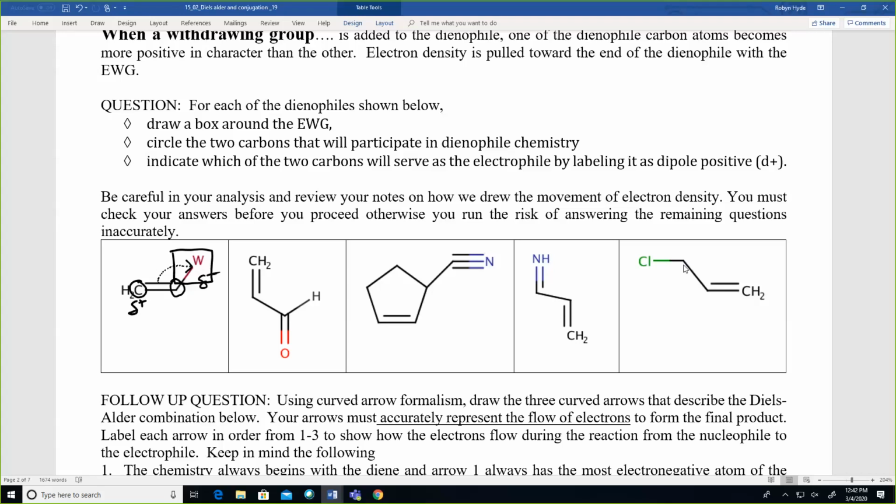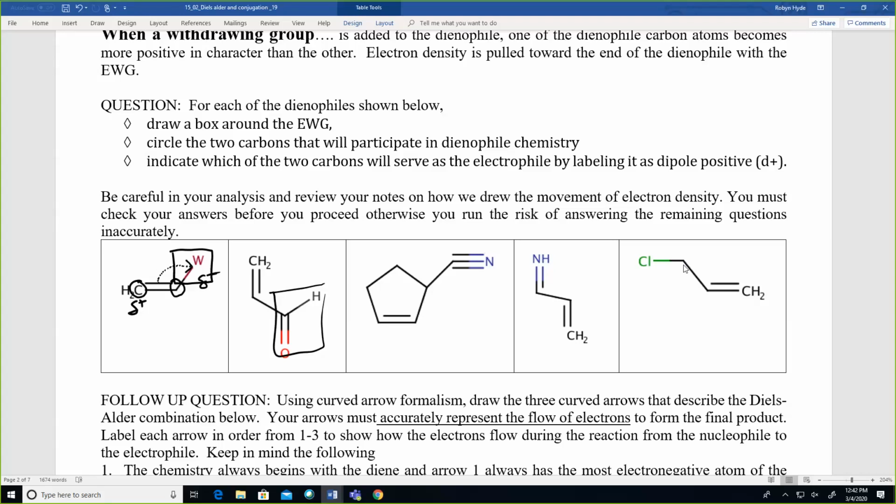Okay, let's do a second example. This is another really good dienophile. What is my electron withdrawing group? Yeah, and I'll be even more specific: the aldehyde. So the aldehyde is my electron withdrawing group. I like to draw a box around my electron withdrawing group. This is just my electron withdrawing group; it's not involved in the mechanism at all.